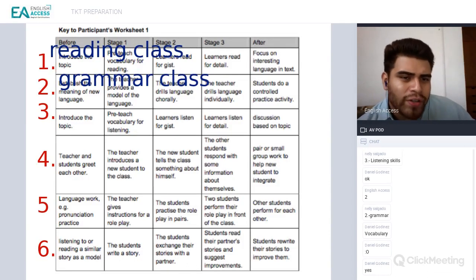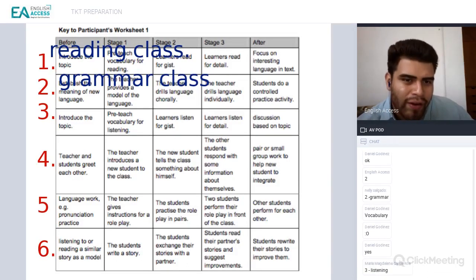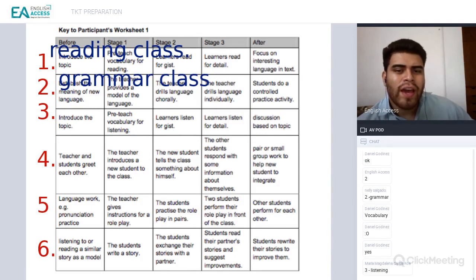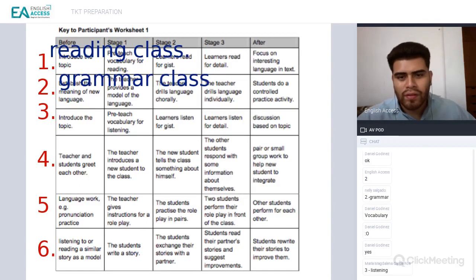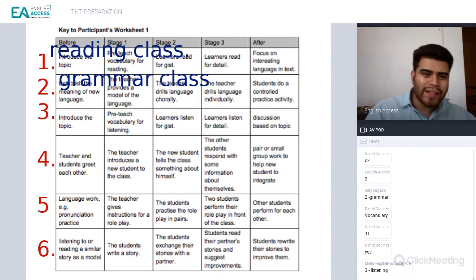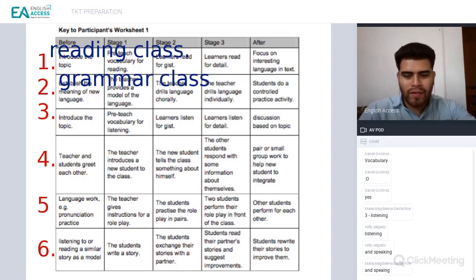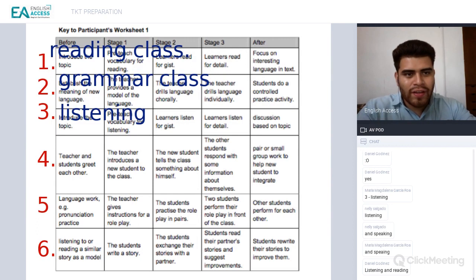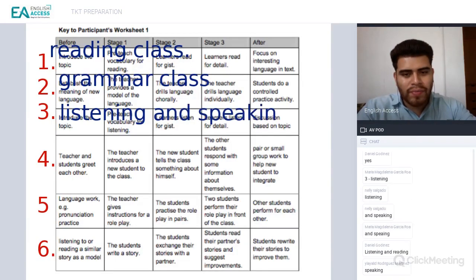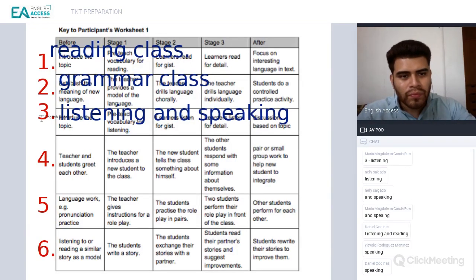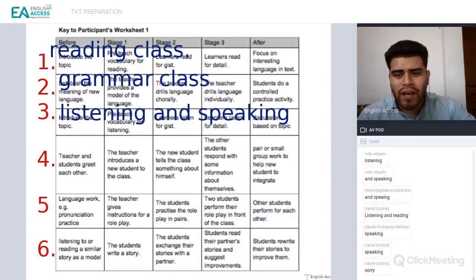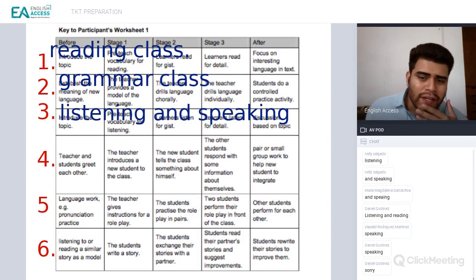Now, number three, you introduce the topic, pre-teach vocabulary for listening. Learners listen for gist, learners listen for detail, and then they discuss based on the topic. Only listening, Magdalena? Yes, very good. Listening and speaking. Yeah, mostly like listening comprehension, make sure they understand.